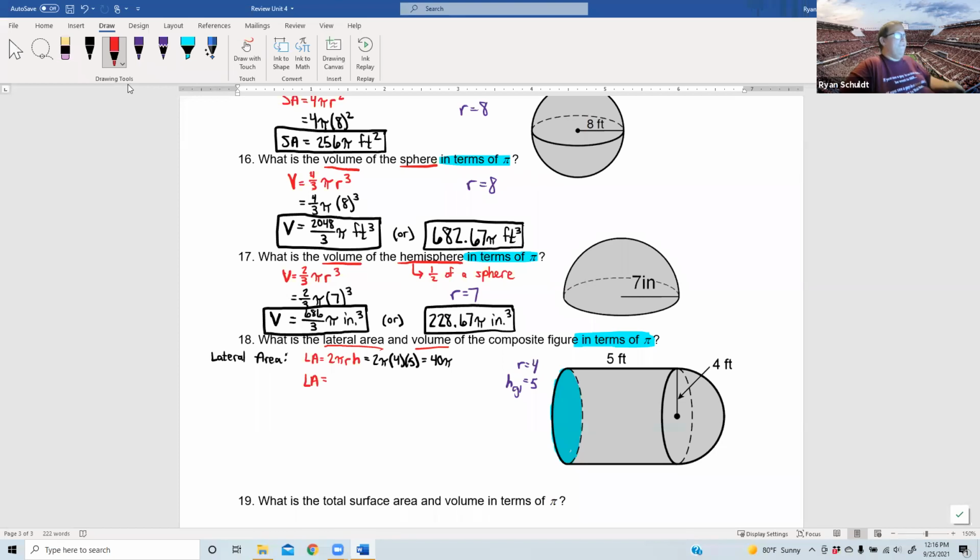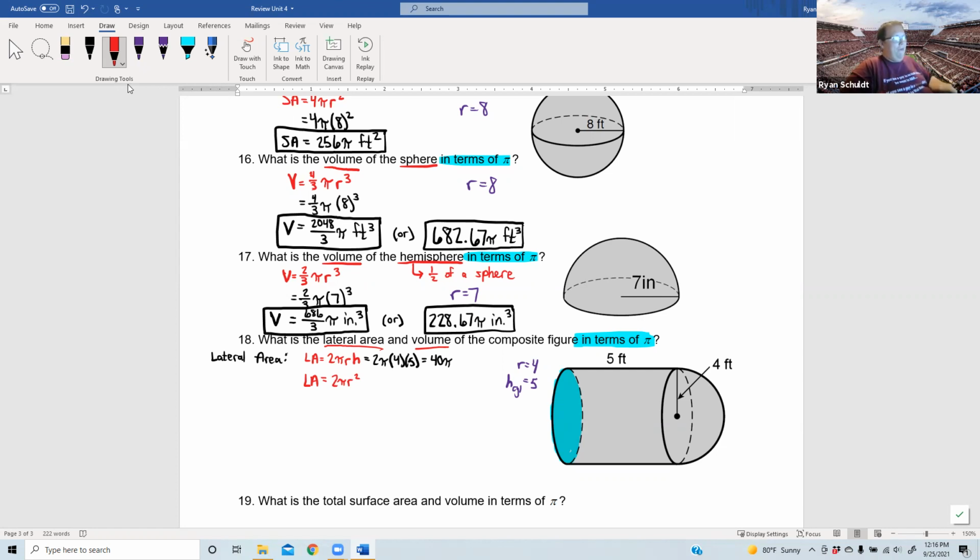Really, lateral area for the hemisphere is just going to be the surface area of a half of a sphere. So 2 pi r squared. Like, but wait, I thought you said for a hemisphere during the notes one day, it was 3 pi r squared.